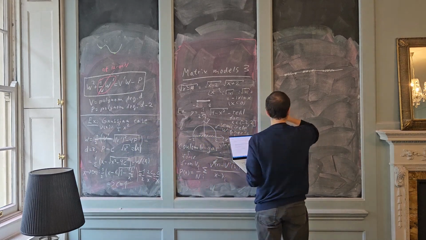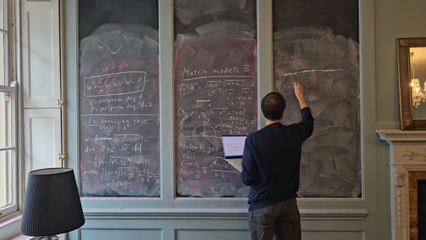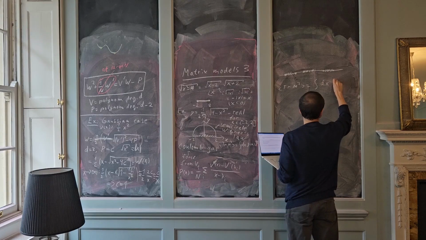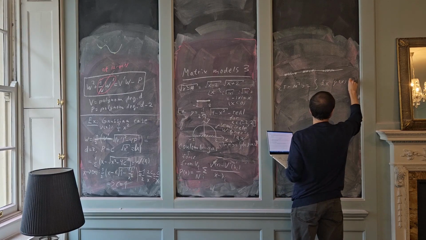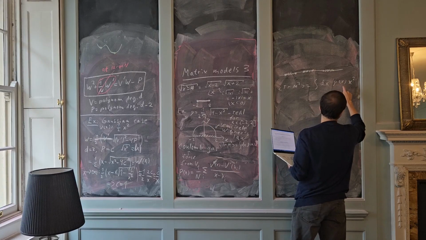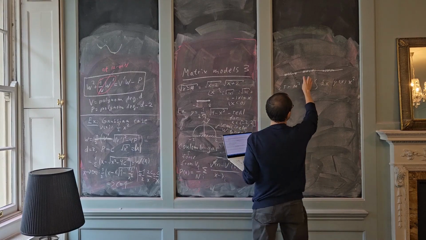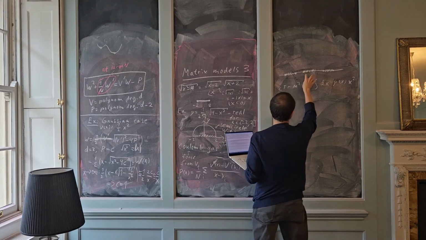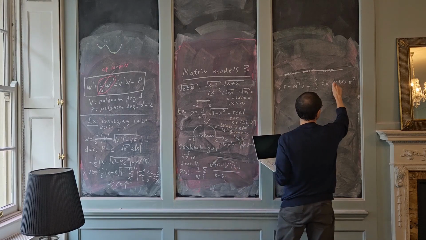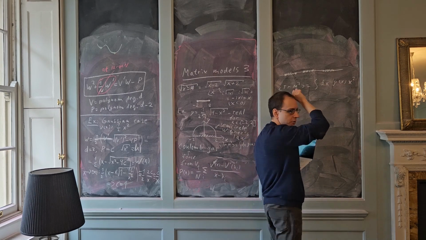If we want to evaluate some observable, like trace M squared, that would be the integral dx rho of x times x squared. In our case, rho of x was just a square root, so such an integral can be found in closed form. If there were two branch cuts, these kinds of integrals would be elliptic functions.